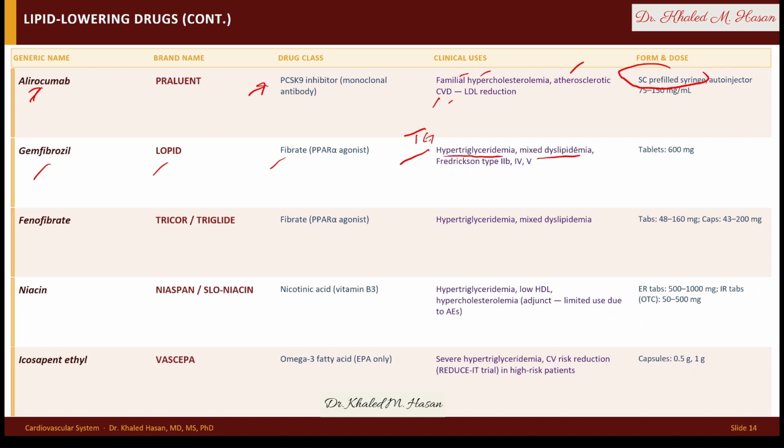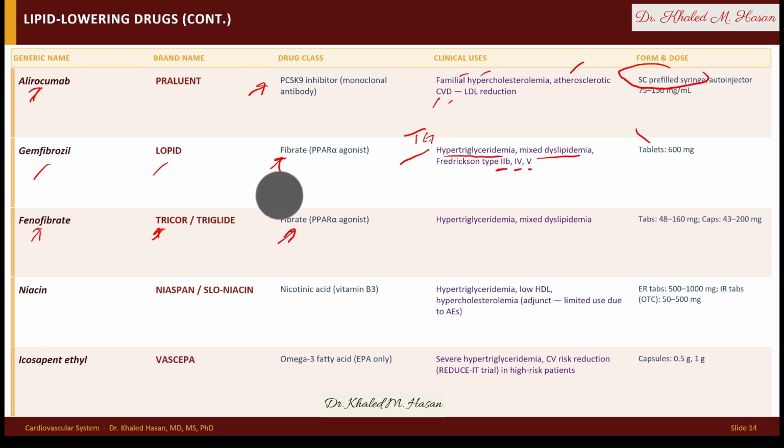If someone suffers from mixed dyslipidemia, especially we talk about Fredrickson type 2B, 4, and 5. Gemfibrozil is available as a 600 milligram tablet. Fibrate, we talk about fenofibrate, Tricor.